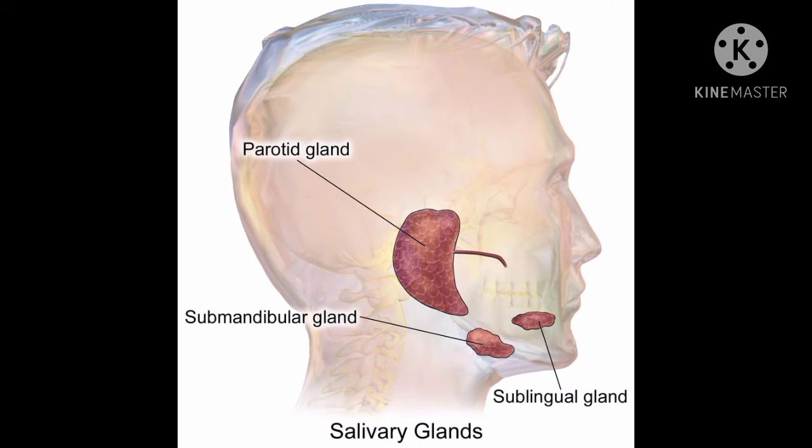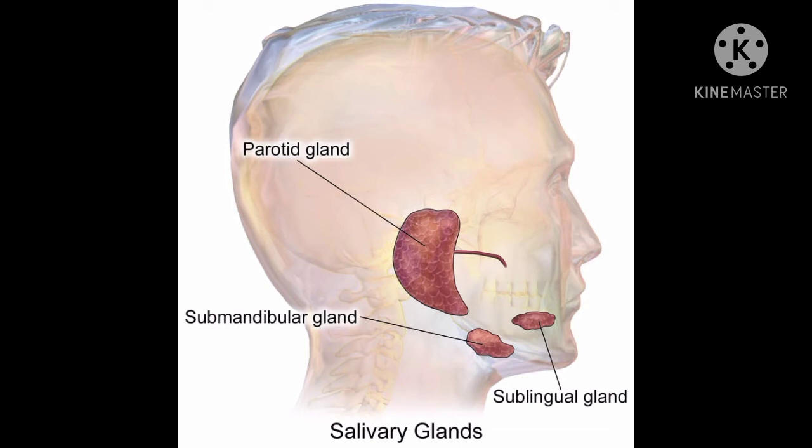So mainly there are three pairs of major salivary glands. They are called parotid gland, submaxillary or submandibular gland, sublingual gland, and the recently discovered seromucous tubarial gland.